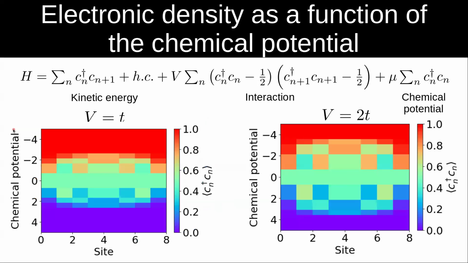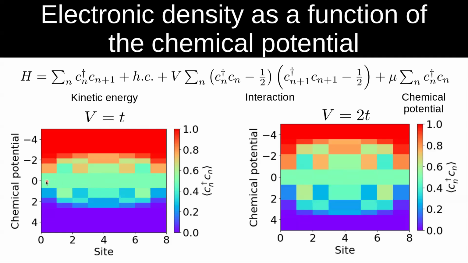And this is something that one can systematically look at as a function of the interaction of the system. So what we are showing here is the occupation number as a function of the chemical potential for 2 different interaction strengths.